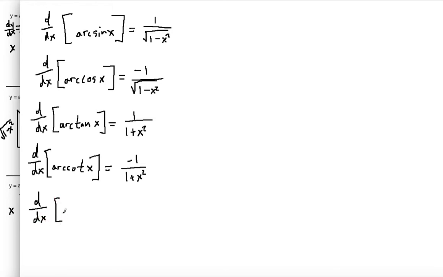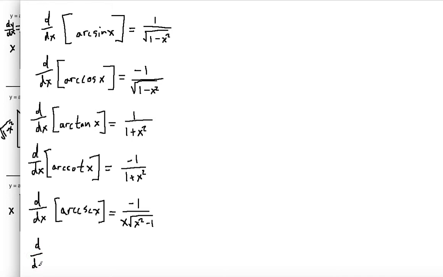The derivative of an arc cosecant of x is going to give you negative 1 over x times the square root of x squared minus 1.